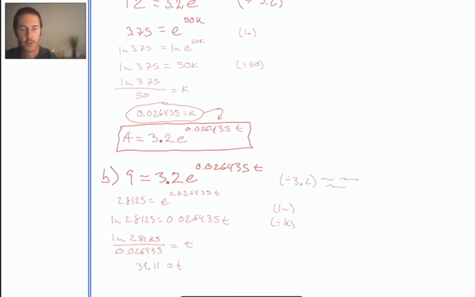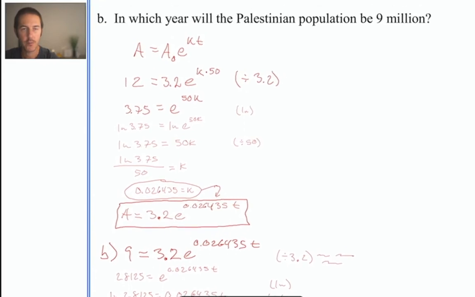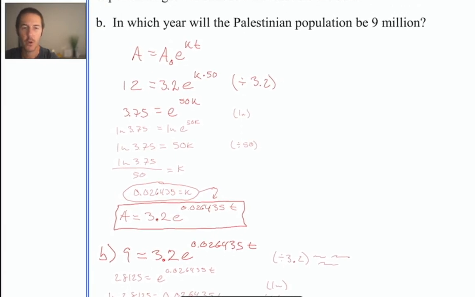There are other ways the question could be phrased that require you to take the 39.11 and round it up. Maybe if the question were phrased, by which year, or by the beginning of which year, will the population be 9 million?